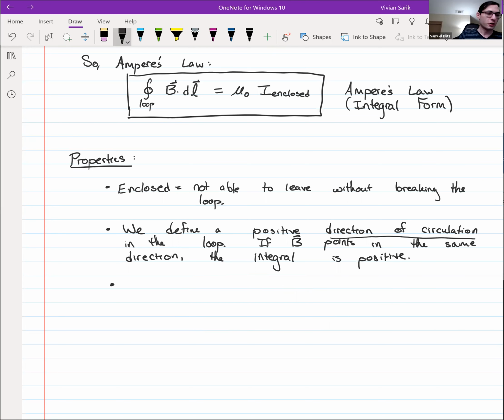So there can be both positive and negative currents enclosed by a single loop.